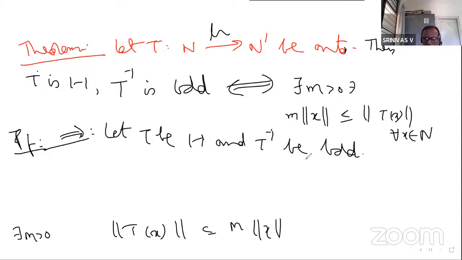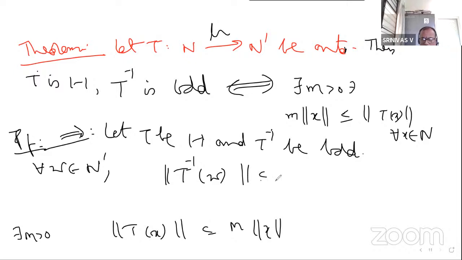T inverse is bounded. Means what? Let us replace this. For every W belonging to N dash, norm T inverse W will be less than or equal to m times norm W. Here I must take W. This is the condition for when T is bounded. This is what we mean by T is bounded.